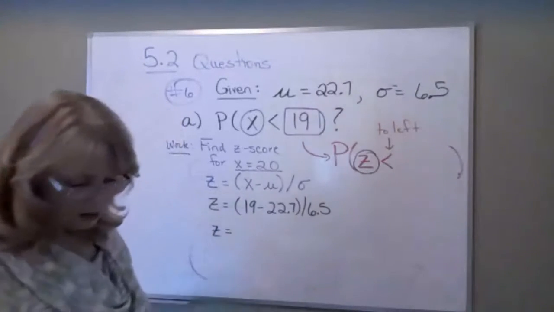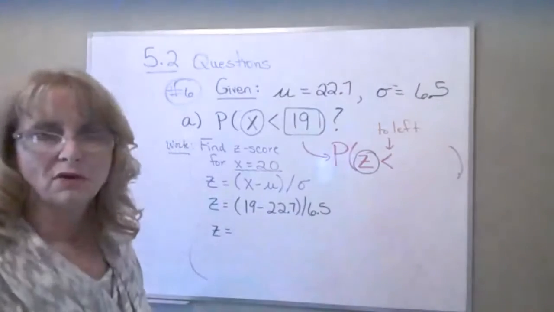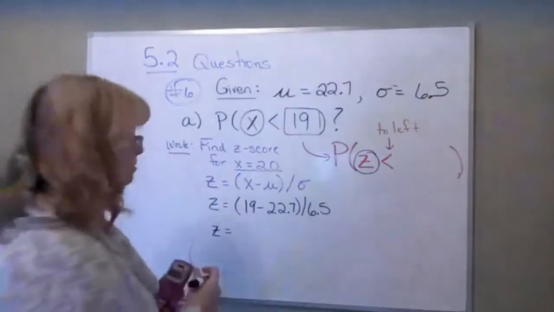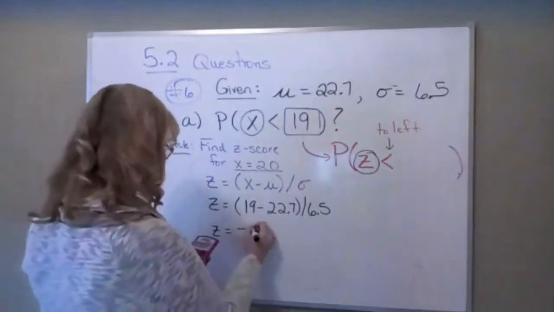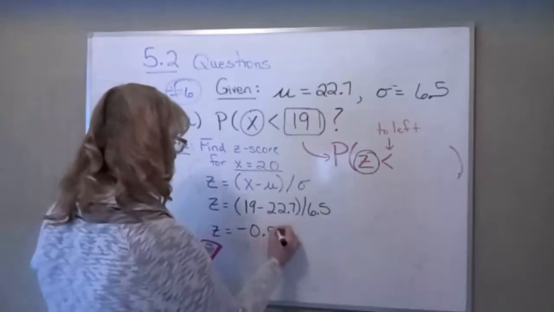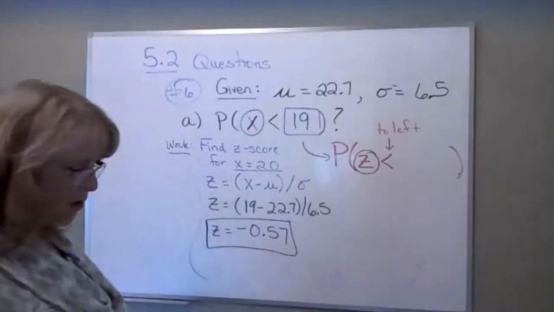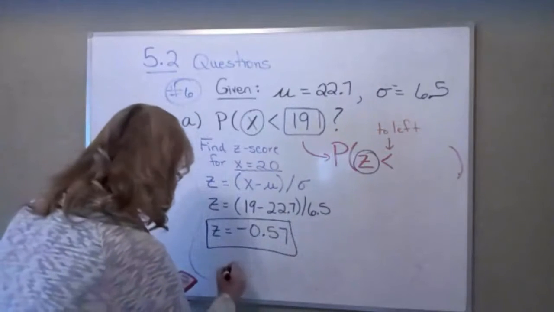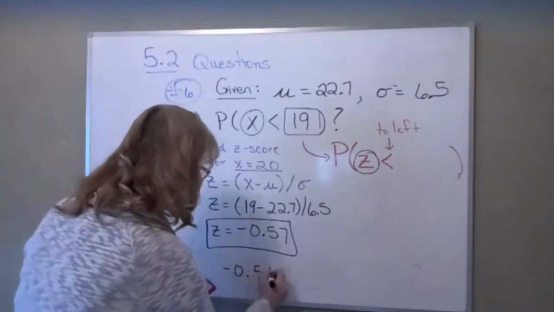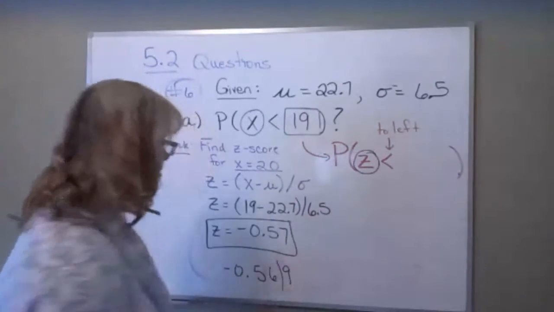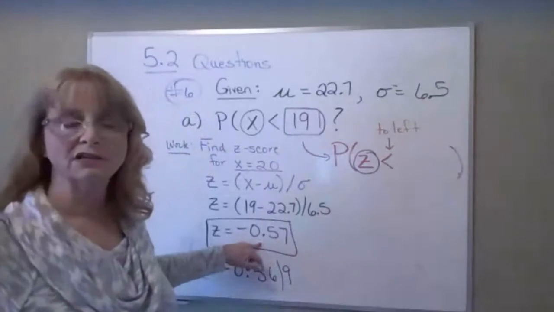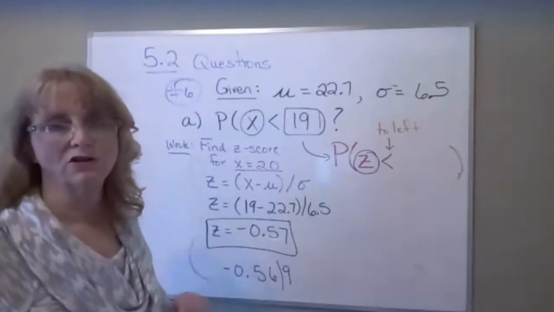So when you write your z-score in, the z-score you should have used, Stephanie, would have been negative 0.57. So let's check. It actually came out negative 0.569. So did you round your z-score to this? That's the first question.